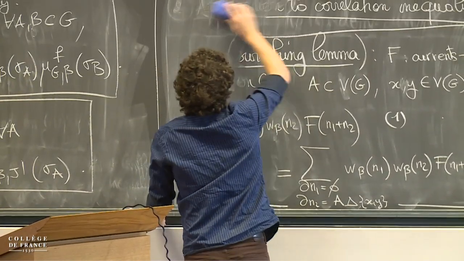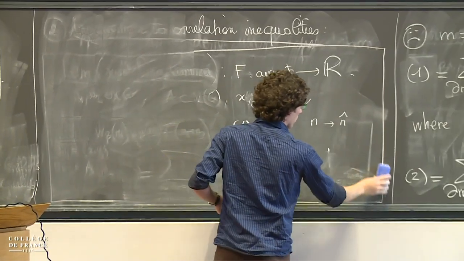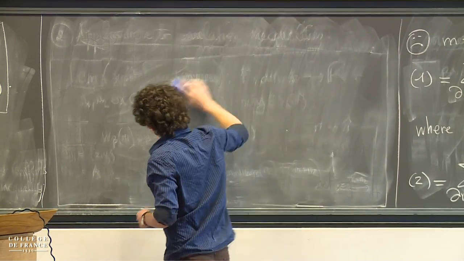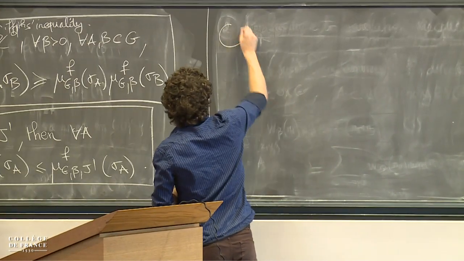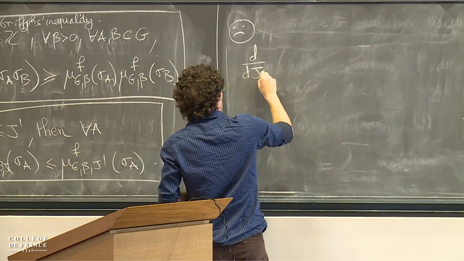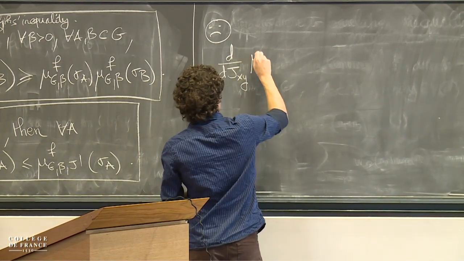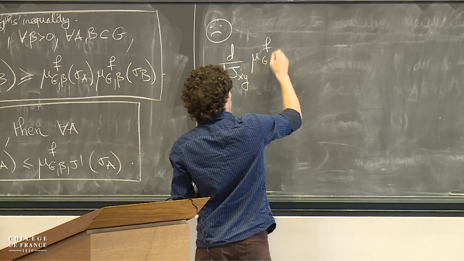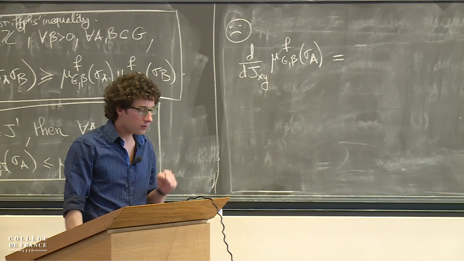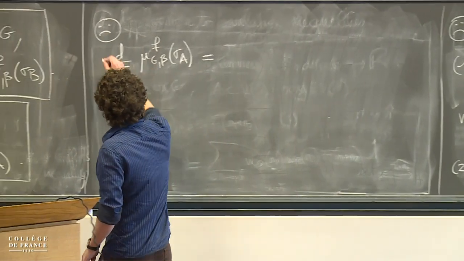But to prove it, in fact, this is the simplest way, because look now what I'm going to do to prove that. I'm just going to differentiate with respect to, say, one coupling constant, j_xy, the quantity. What you're going to get is, well, maybe I need a 1 over beta here.